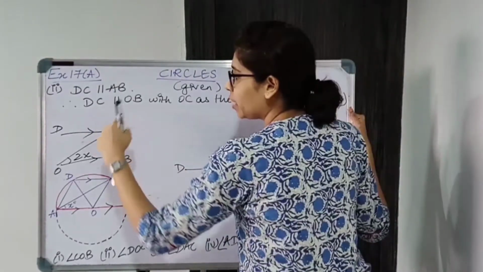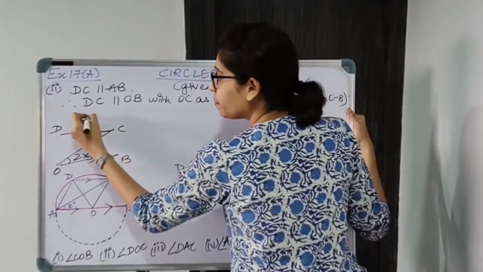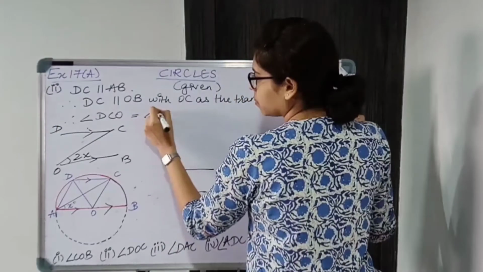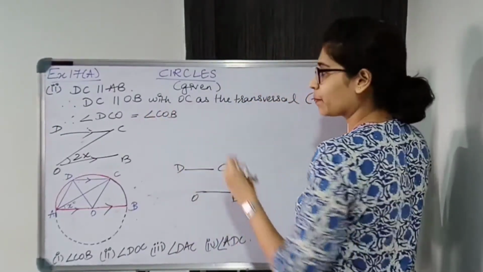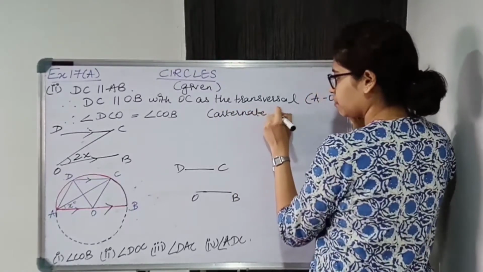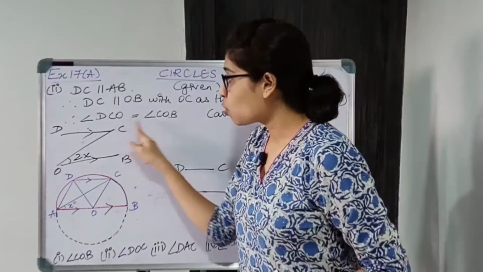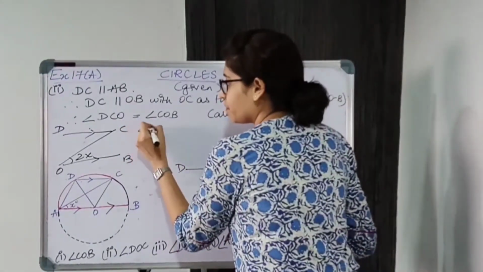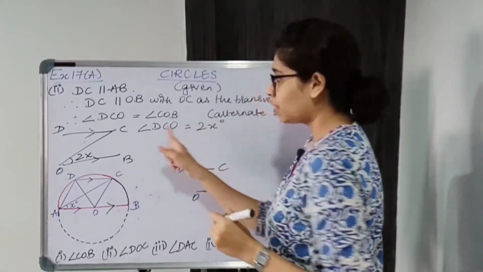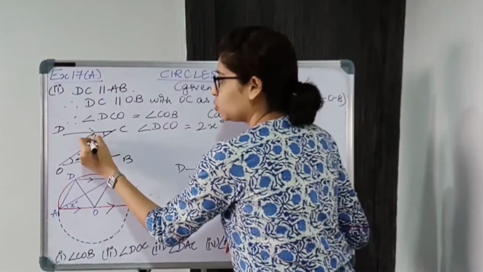Now DC and OB are parallel with transversal CO, therefore DCO and COB are equal. Okay, alternate angles. Please don't use such short forms. You have to write down full words. So COB is 2x. So I'll substitute the value. I found angle DCO. Okay, this angle is 2x.